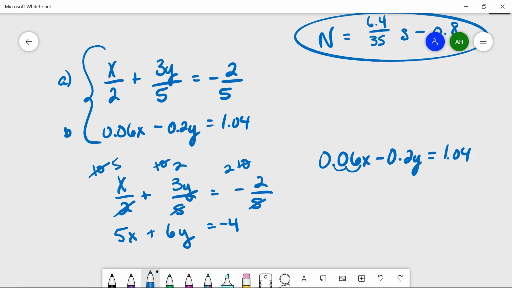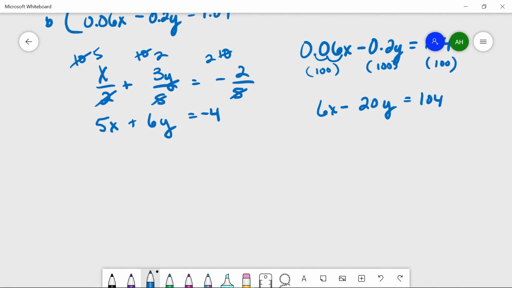So I need to do that with everything. I'm going to multiply this by 100, multiply this by 100, and I'll be multiplying this by 100 as well. So when I do that, I'm going to get 6x minus 20y equals 104. So now I can just take these two equations and work with these two equations.